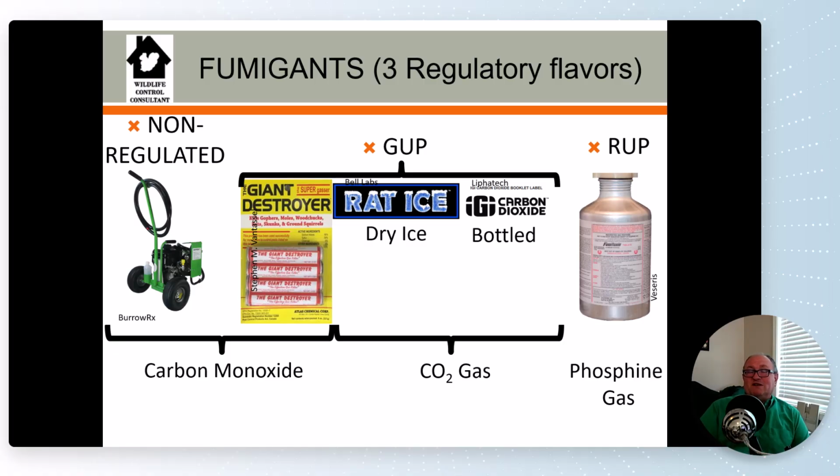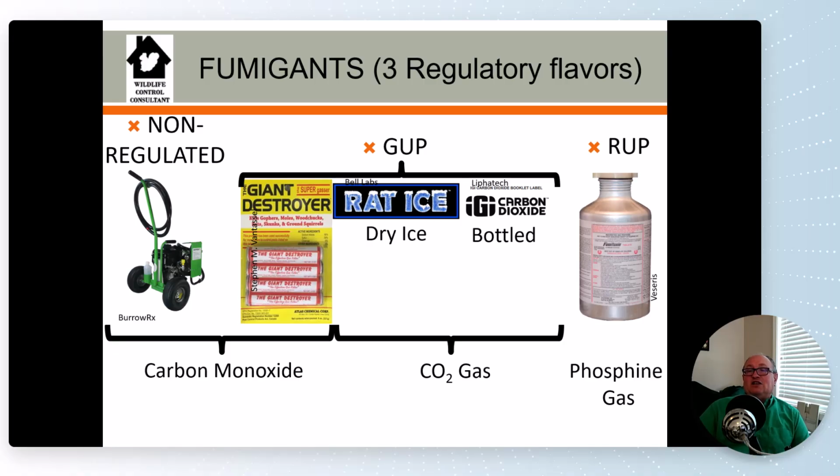What general use means is you can use them without a license on your own property. Once you start using these products on someone else's property, I'm not aware of any state in the union that doesn't require you to have a pesticide license, what they would call a commercial pesticide license, to use it. So again, check your state regulations. Your Department of Agriculture would be a great place to start.